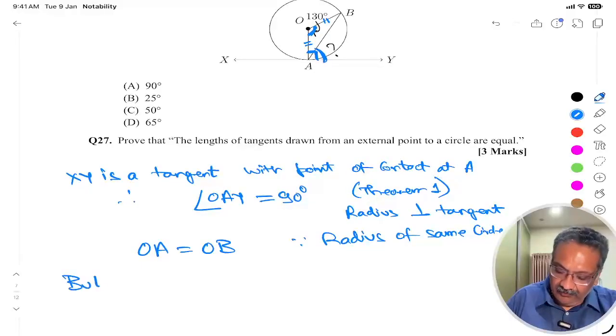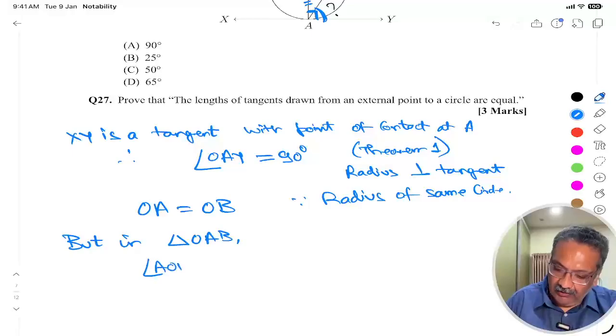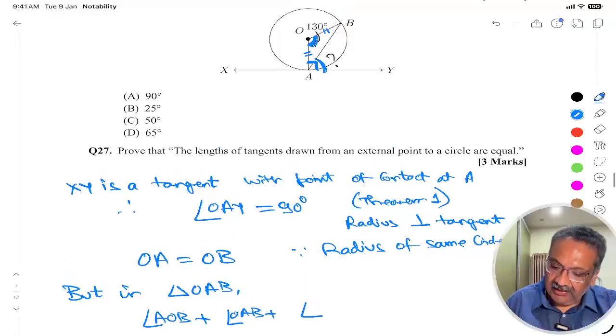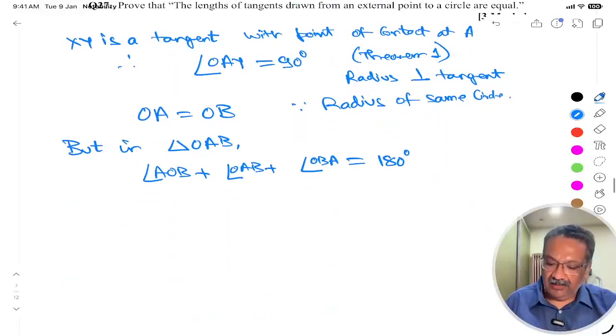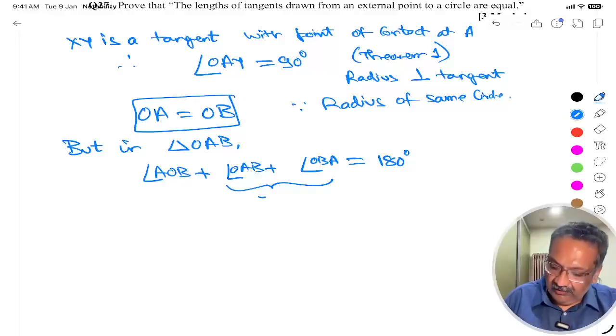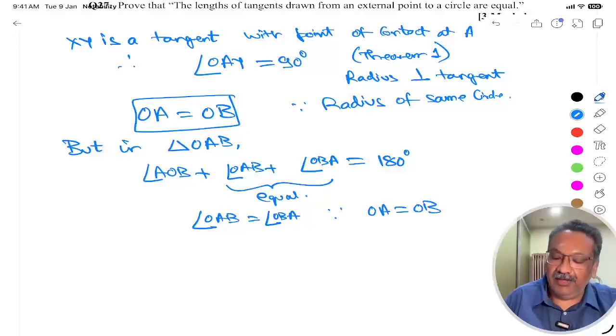But in triangle OAB we have angle AOB plus angle OAB plus angle OBA is equal to 180 degrees. See, since these two sides are equal, these two angles are also equal. We can say angle OAB is equal to angle OBA because side OA is equal to OB.